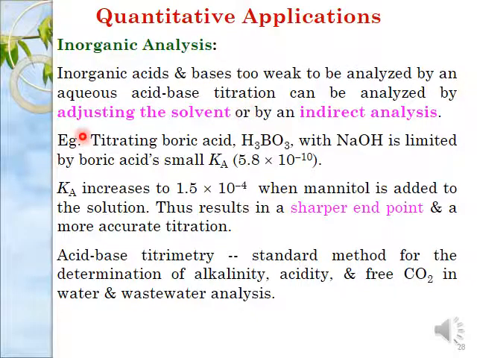For example, titrating boric acid, a weak acid, with sodium hydroxide is limited because of the very small acid dissociation constant of boric acid. See, the Ka value is too small, so this can be increased to 1.5 times 10 power negative 4 when we add mannitol. After adding mannitol, we get a better, sharper endpoint.